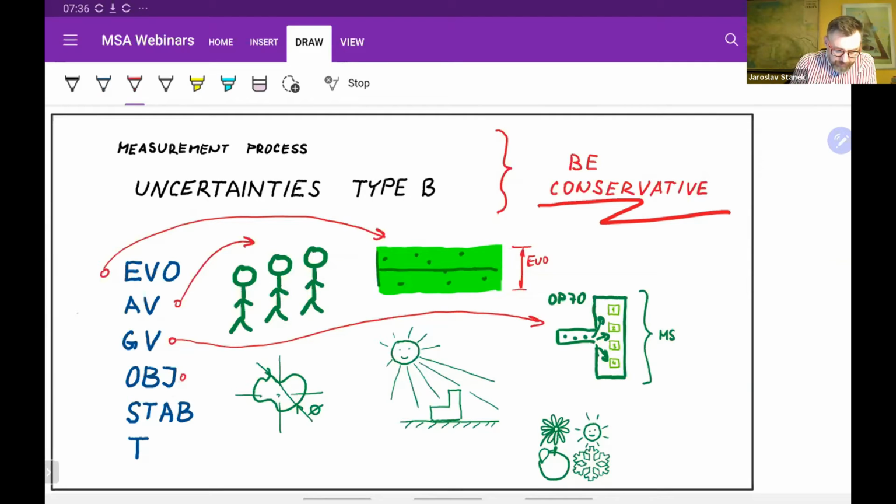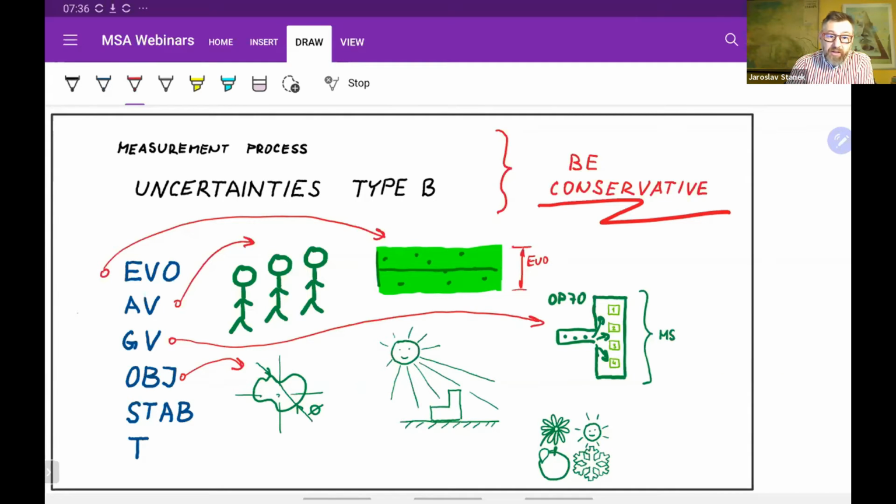The fourth one is an uncertainty of a measured object. And it can be thought of in the sense that if we are measuring a diameter of a circular hole, then the circle in the reality really does not appear there at all.